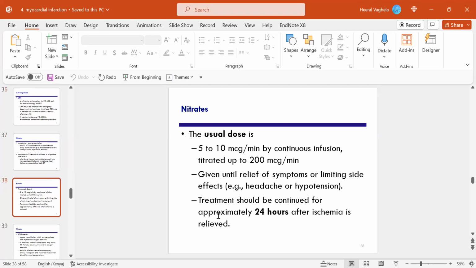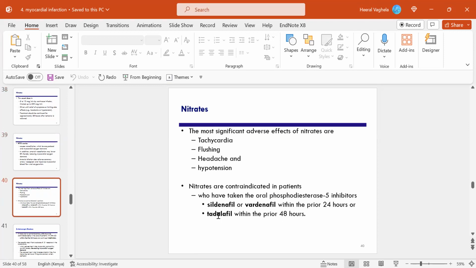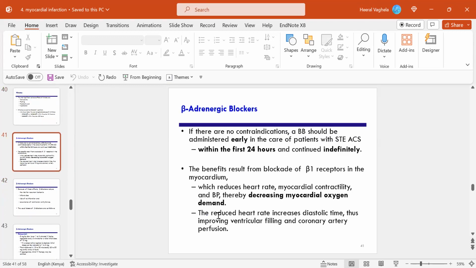Yeah, then nitrates like nitroglycerin can also be given. Again, it is contraindicated in patients taking phosphodiesterase 5 inhibitors. Beta blockers should be given within 24 hours and continued. One of the main benefits of beta blockers is that they decrease oxygen demand, so that's a good thing.